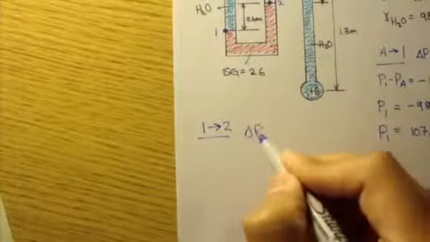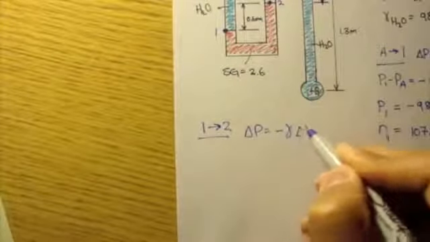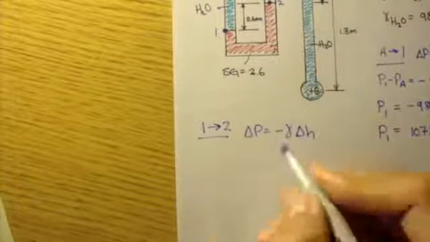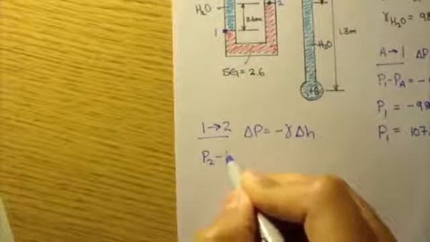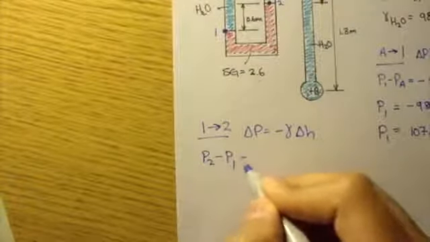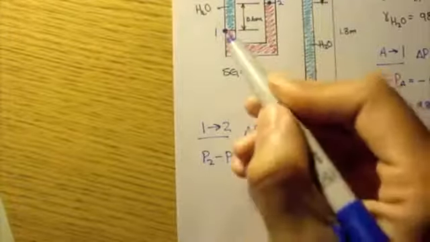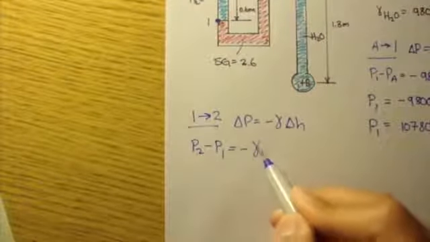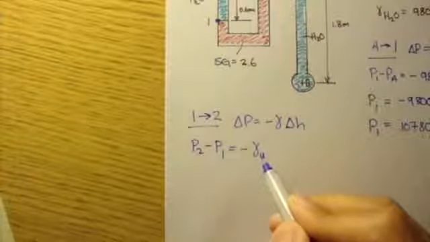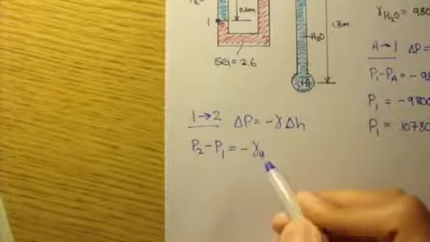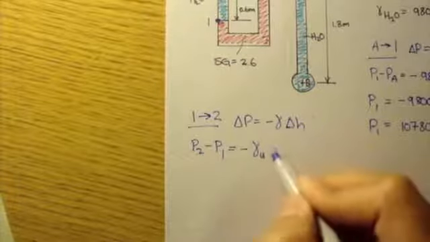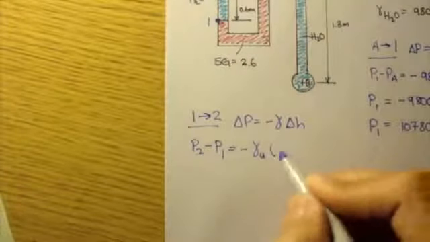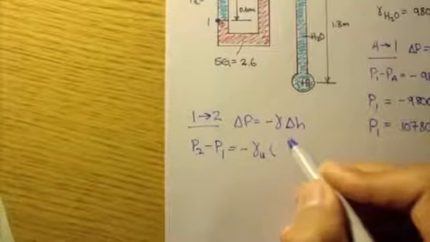Our equation is delta P equals negative gamma delta H. So P2 minus P1 is equal to, from 1 to 2, we're traveling through the unknown liquid now. So P2 minus P1 equals negative gamma U, the specific weight of the unknown liquid, times the change in height.